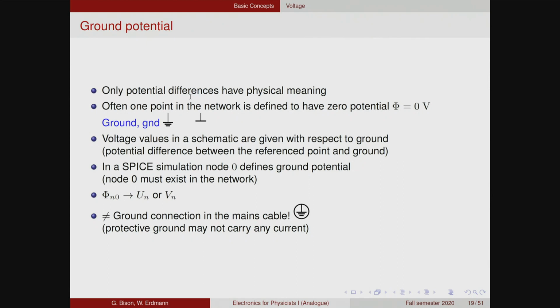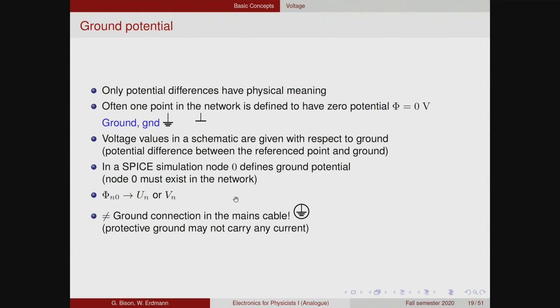And for that reason, for example, in SPICE, you have to have a node 0 where the program knows, okay, this is 0 potential. We typically don't call the potential of a voltage somewhere in the circuit the electric potential, but the voltage, and it's either a U or a V.